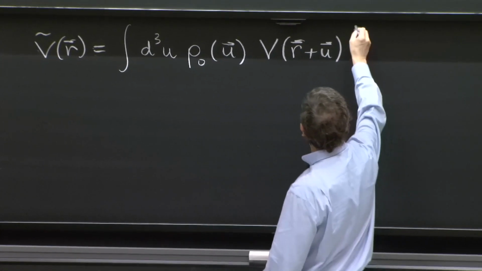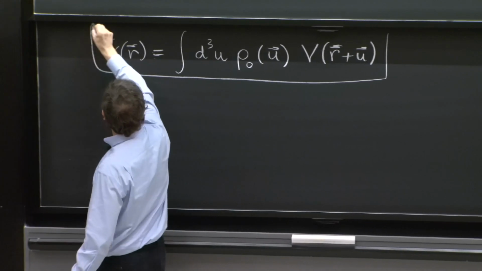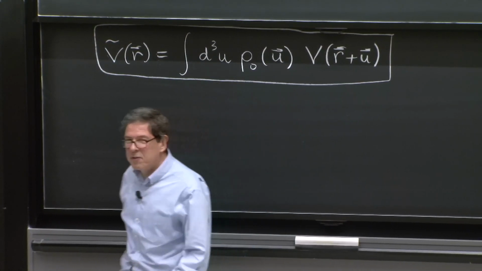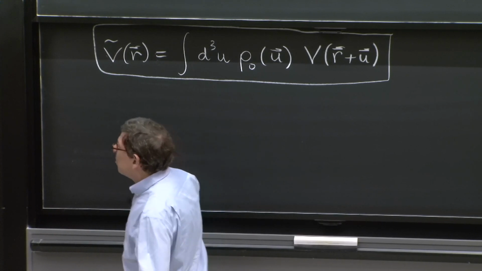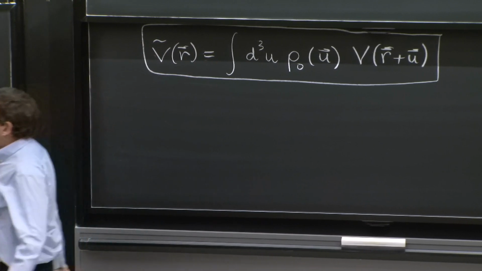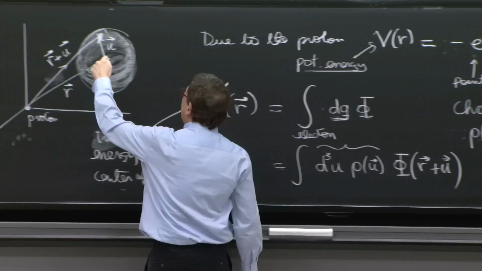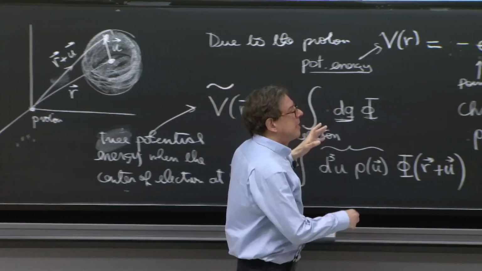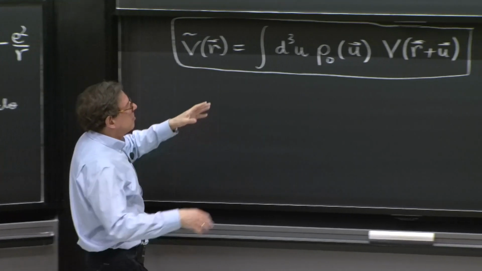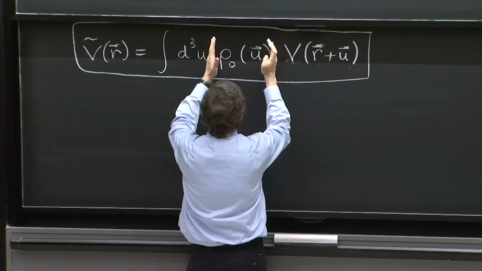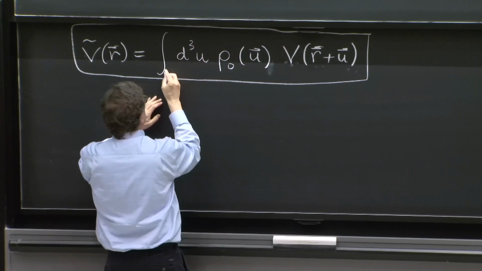Okay, this was our goal. It gives you the new energy, the true potential energy of this electron when the center is at R, as the smearing of the potential energy of a point particle smeared over the electron.